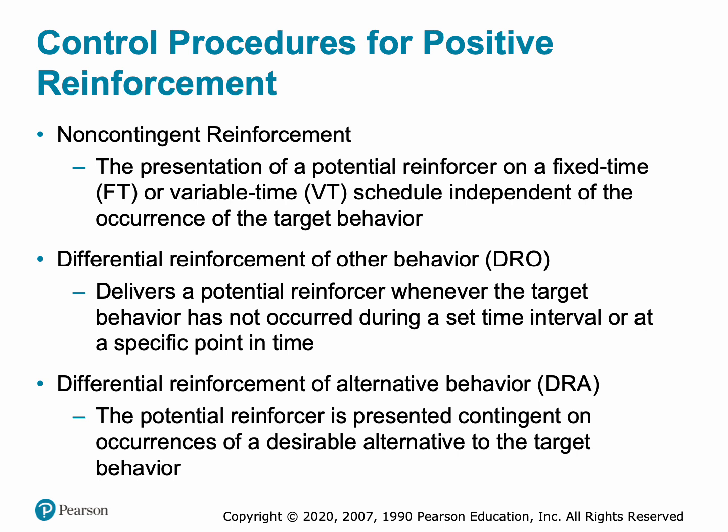So maybe in this example, the behavior could be maintained by gaining access. Maybe Jimmy engages in aggression in order to gain access to tangible items. Well, if that were the case, then I can use non-contingent reinforcement to provide access to that reinforcer without him needing to engage in that maladaptive behavior.